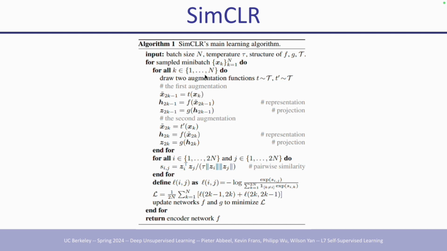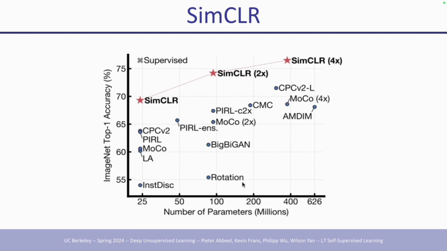They do one augmentation on the image, process it through the network, take the second augmentation, process it through the network, and then take the loss both ways. So SimCLR was very effective and able to outperform MoCo, and removes this additional complexity of the momentum.